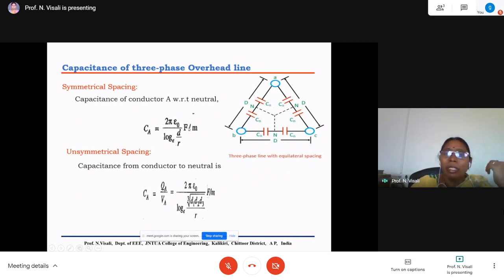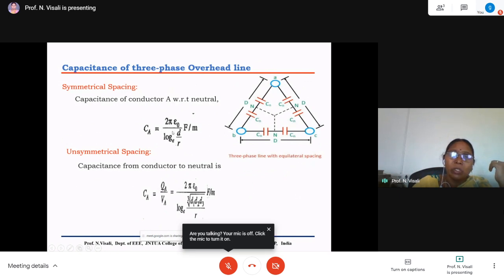Without neutral this value is pi times epsilon by ln d by r. So this 2 is because of the neutral connection. Then the capacitance between the conductor and neutral is 2 pi epsilon divided by ln d by r.